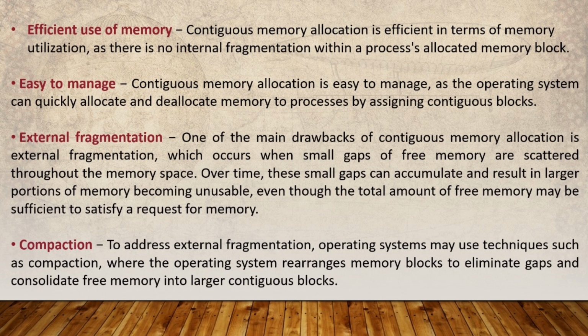Now, compaction. To address external fragmentation, the operating system may use techniques such as compaction, where the operating system rearranges memory blocks to eliminate gaps and consolidate free memory into larger contiguous blocks. So these are the main characteristics of contiguous memory allocation.